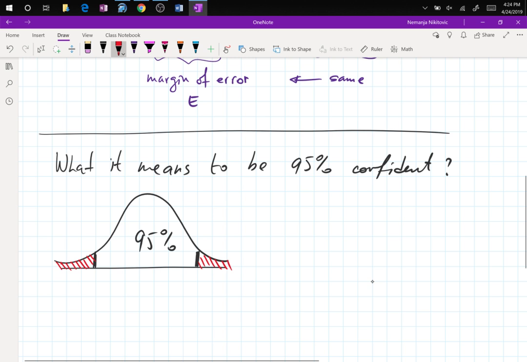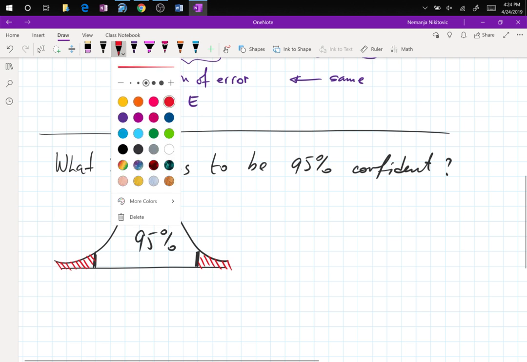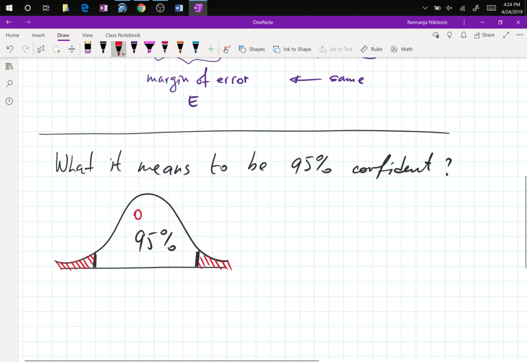So if you have two tail ends to deal with, and the middle value is 0.95 in area, then you have to have 0.025 and 0.025 left over as areas, because the entire area has to add to 1. So both of these together will be 0.05, and then 0.05 added to 0.95 is 1.